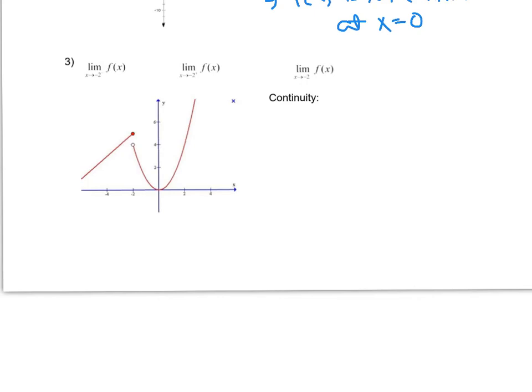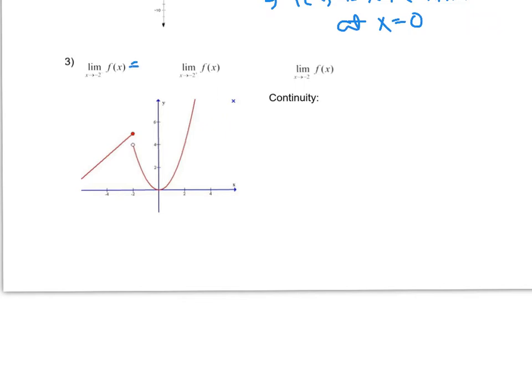Example number 3 looks like the following. So again, take a minute to draw this graph in your notes and write down the information that we're going to be finding. We see that we've got the limit as x approaches -2 from the left side. As I'm approaching -2 from the left side, it's along this branch right here. And let's see, I think that looks like a limit of 5.